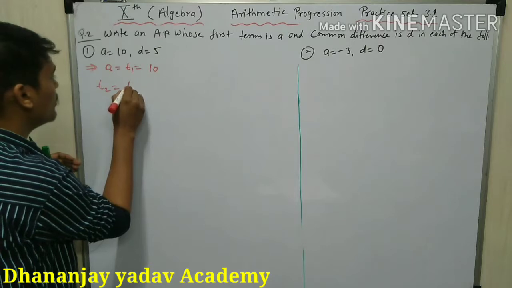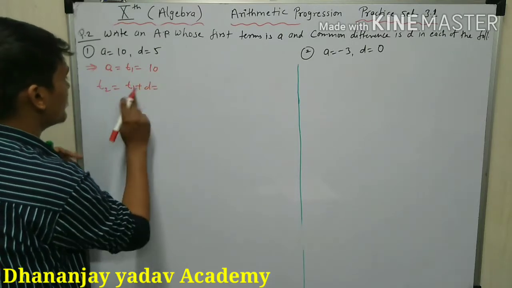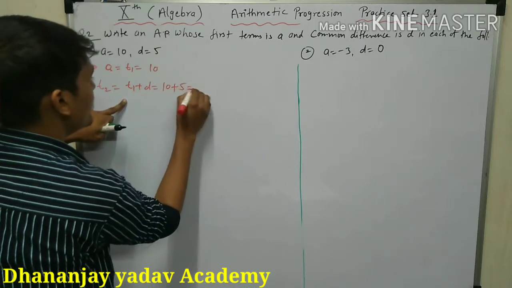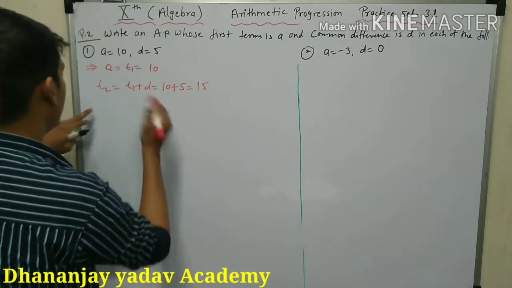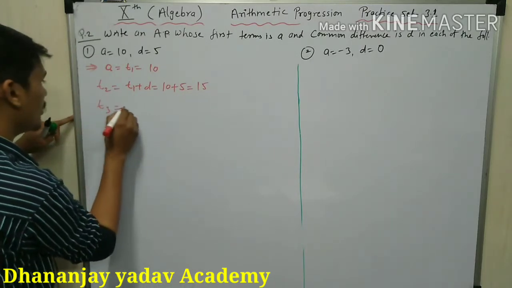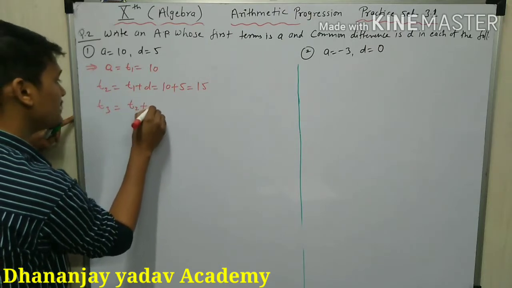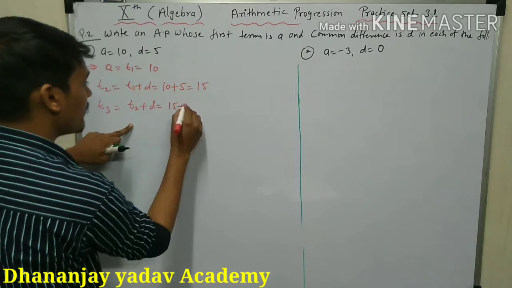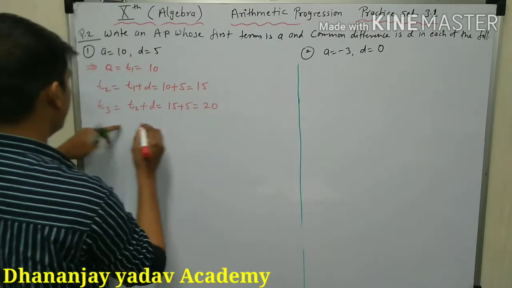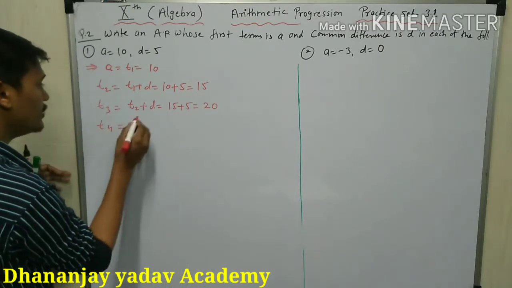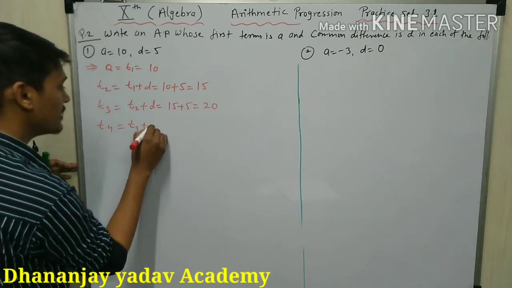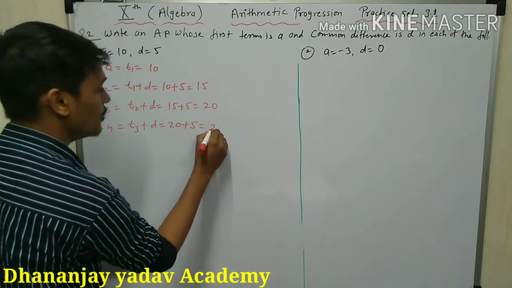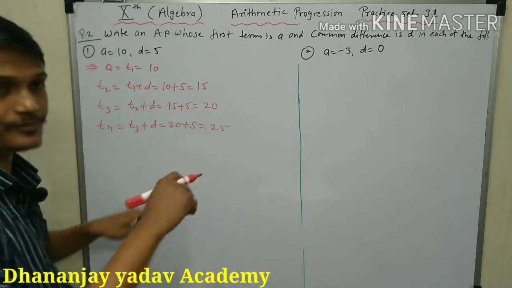Now you can solve here. T2 is equal to T1 plus D. T1 is 10 plus D, which is 5, equal to 15. Now the third term, T3 is equal to T2 plus D, T2 is 15 plus 5, equal to 20. Now T4 is equal to T3 plus D, T3 is 20 plus 5, equal to 25.